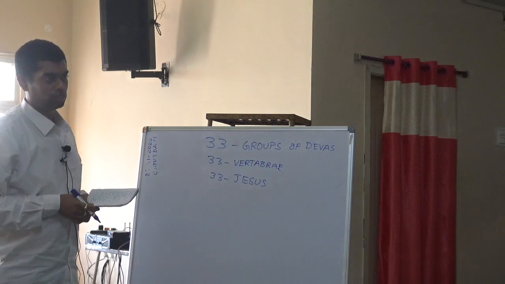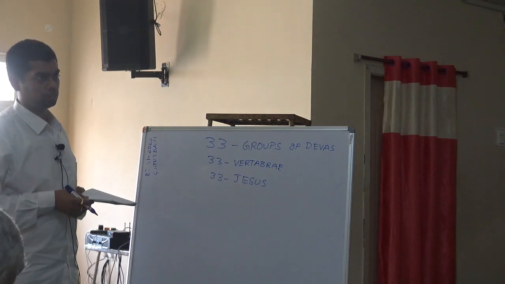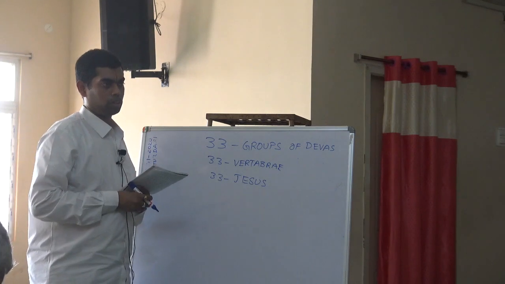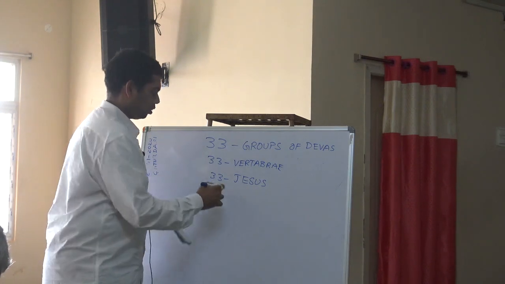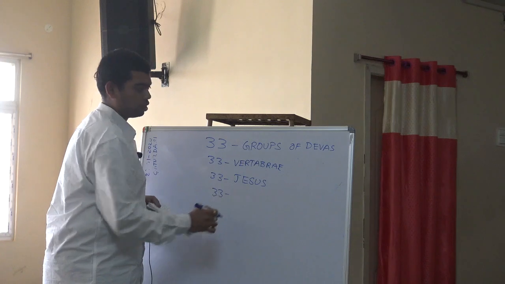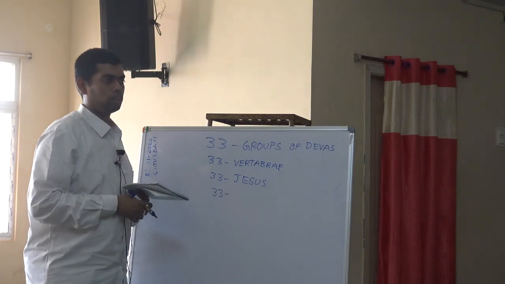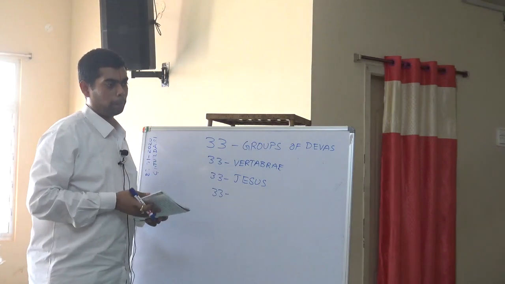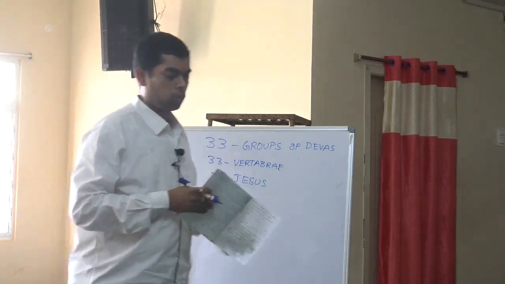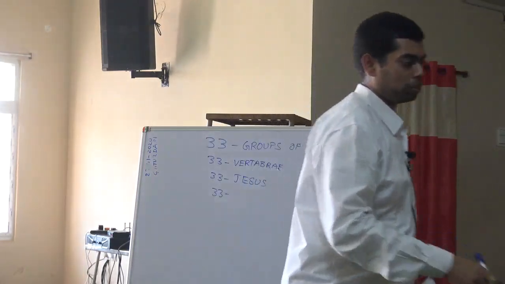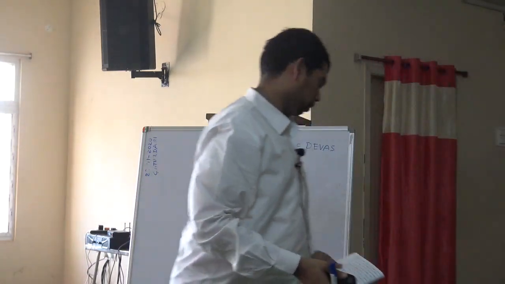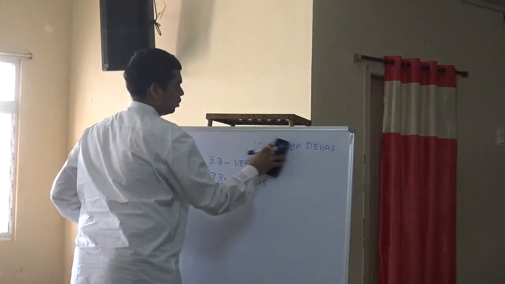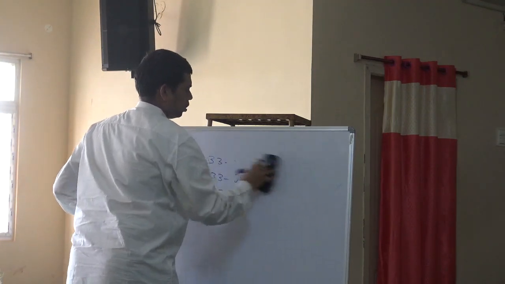And you know Jacob from the Old Testament, he ruled for 33 years. So in all the old scriptures, this number is very much used.